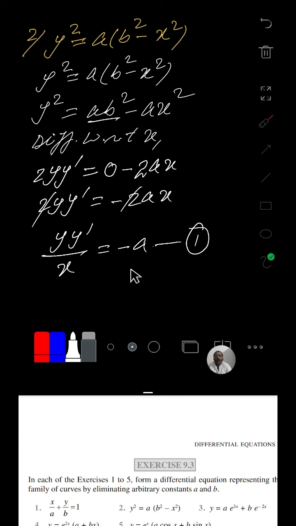Now in order to eliminate this minus a, we need to differentiate it once again. So differentiating with respect to x, by quotient rule, we need to differentiate it. x as it is, derivative of y into y dash will be differentiated with the help of product rule.